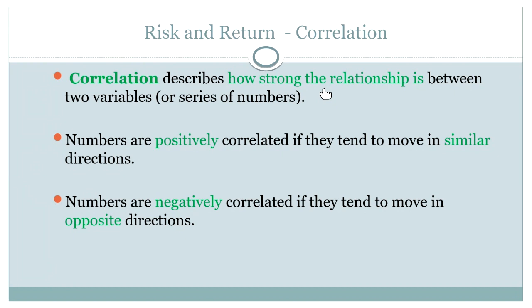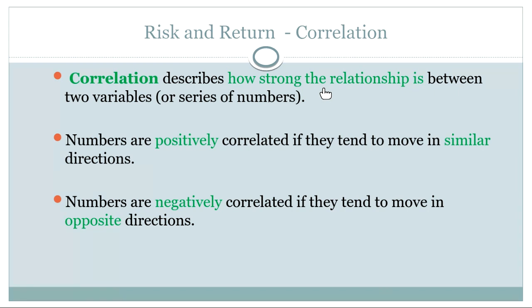So if something in the environment changes and those 2 variables behave or change in the same way, then there is a positive correlation between them. I've identified that there is a relationship between those 2 variables because they behave in the same way to outside influences. If they do both change, but they're changing in completely opposite directions, then they are correlated, but they are negatively correlated.